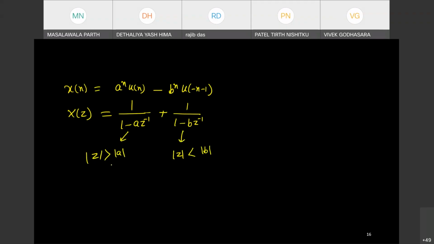Is it right? So if I choose one particular example, so a equal to 3 and b equal to 4, then what you will get? Can you draw this one? So a equal to 3 means this one.